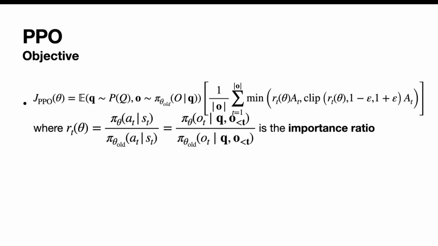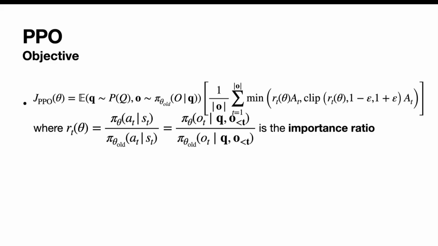Finally, we now have all the building blocks needed to apply PPO to a language model. The PPO objective is something we want to maximize. At a high level, we want to increase the probability of tokens with positive advantage and decrease the probability of tokens with negative advantage.